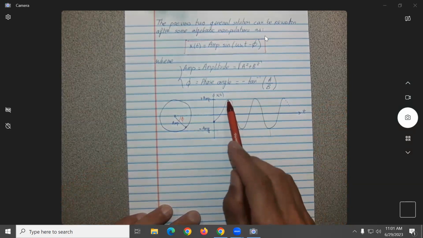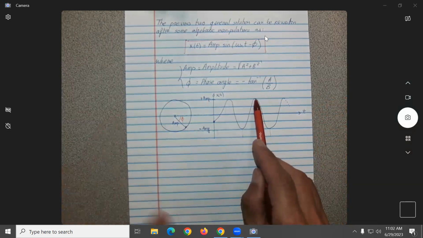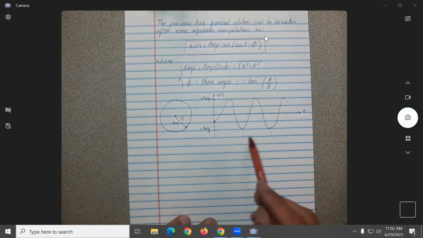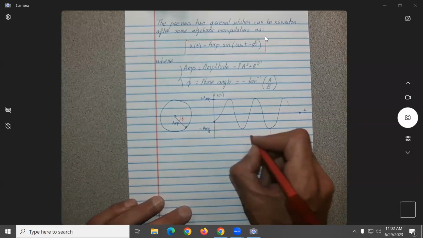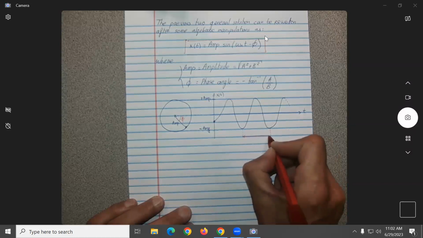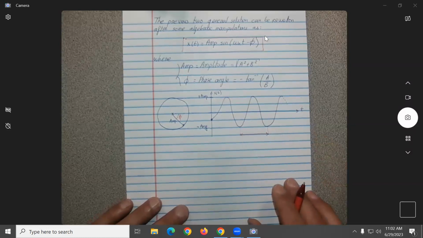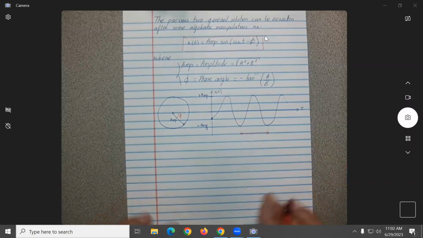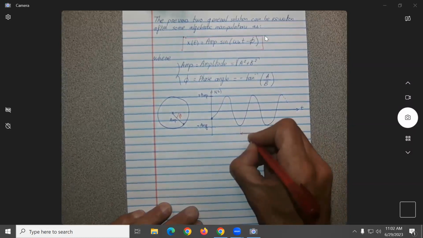Or if you go from this point to this point, it will be once around the whole circle, no? But just for the figure, I'm just going to do it here. So this could be over here. One cycle, no? So it should be here, one cycle.